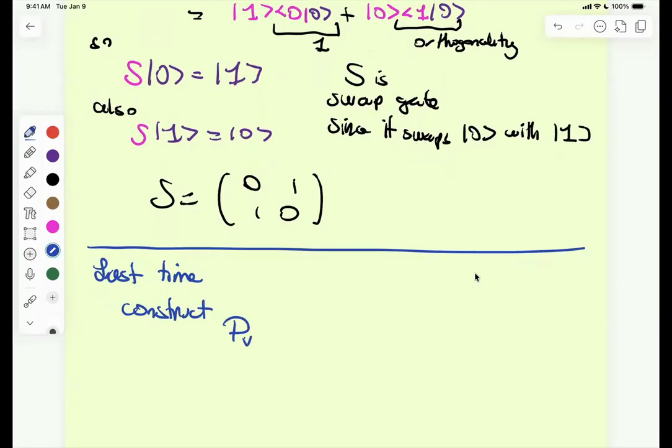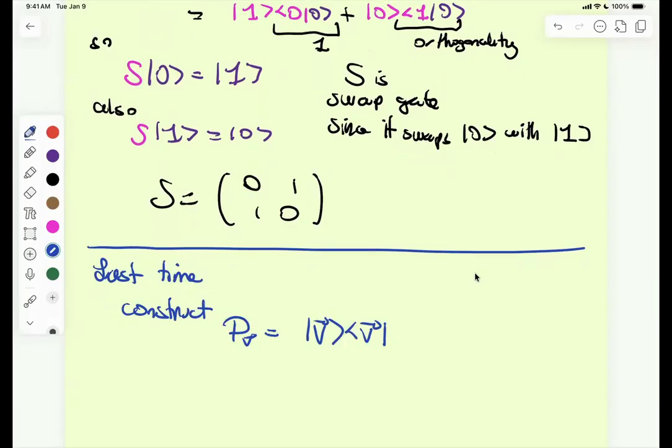I'll call it P sub v. And what we were talking about is that it would correspond to a projection matrix. That's what I was telling you last time.